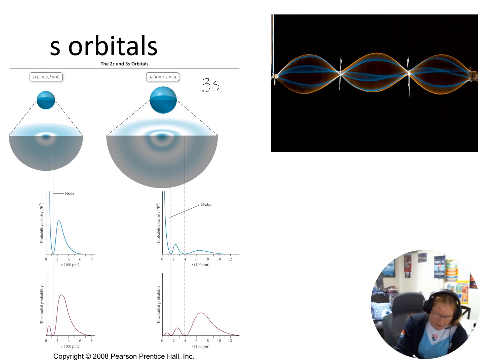If you notice the probability function for the 3s, the greatest area under the curve corresponds to n equals 3, because it's further away from the nucleus. But I don't have a 0 probability here or here.